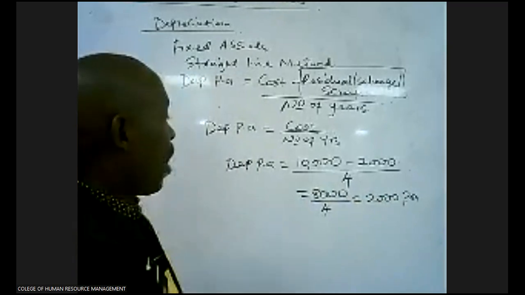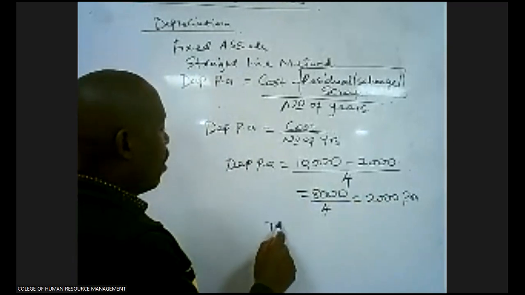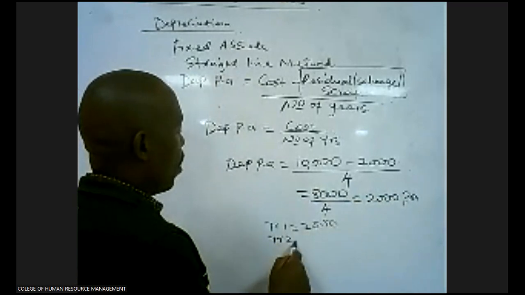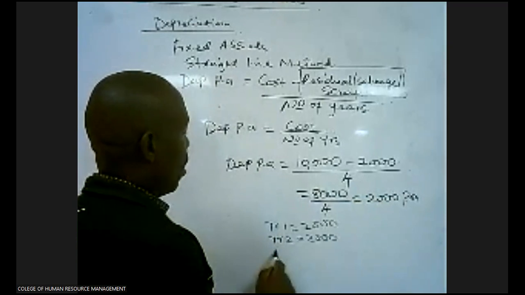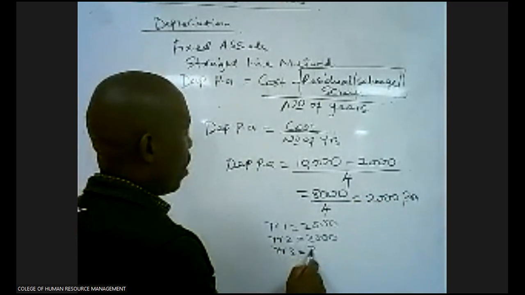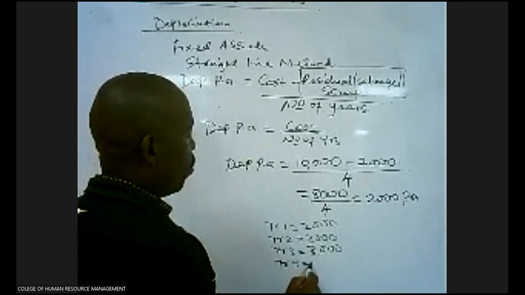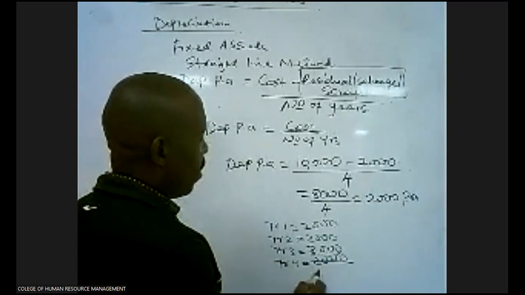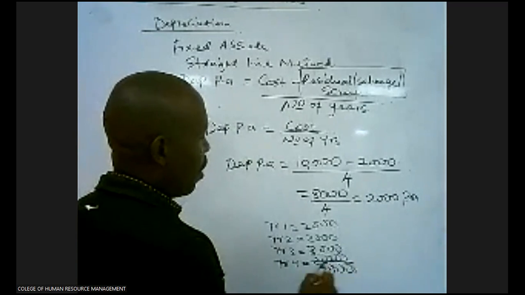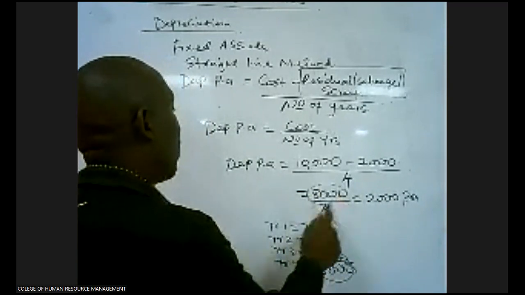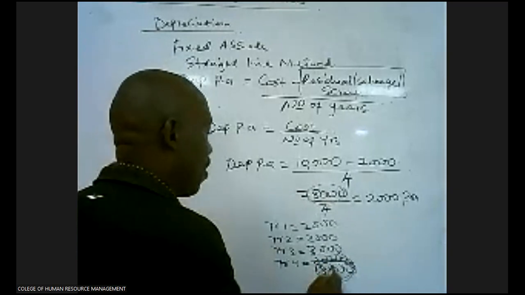So it is 2,000 in year one. Year two, we are going to lose another 2,000. Year three, another 2,000. And then year four, another 2,000. This gives us a total of 8,000 lost.